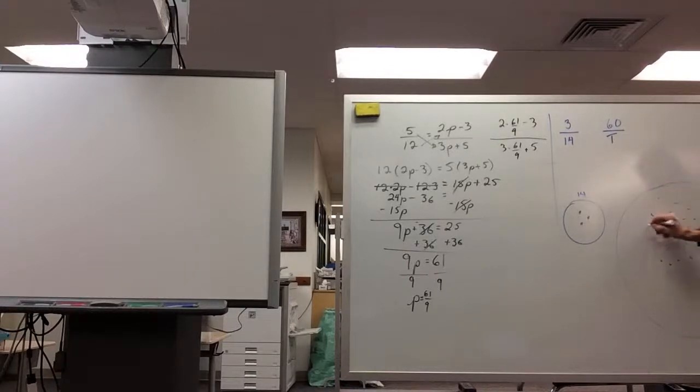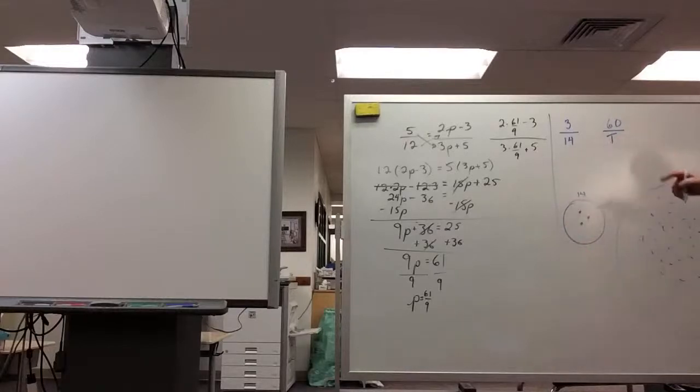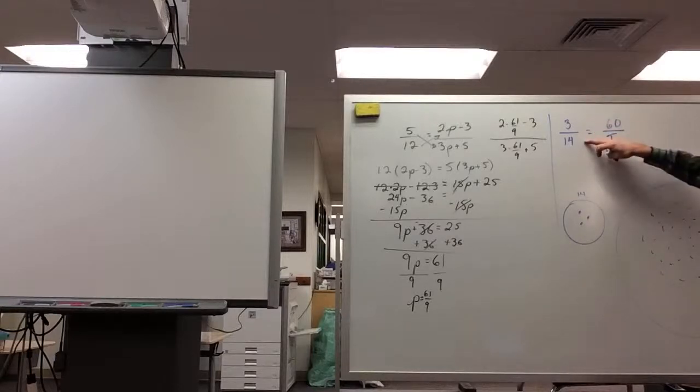I don't know how many that is. But let's say that's 60 dots, this is going to be a much bigger total population. Just like 3 tagged comes from a bigger population of 14. So we can just say that those are equal. The ratio of tagged to total, or the fraction of tagged out of the total, is going to be like this. That's assuming all of them lived.